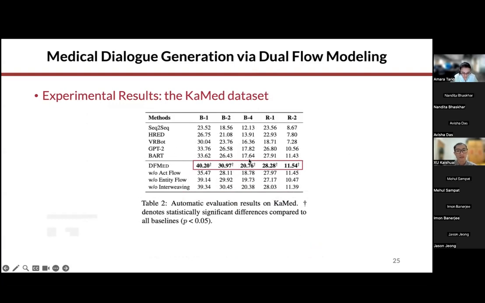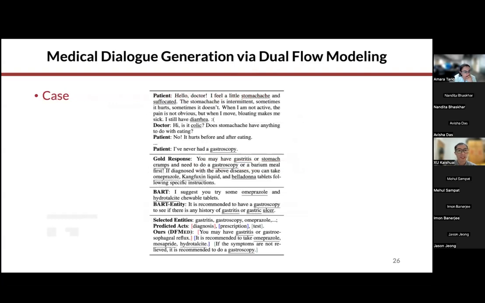Our model outperforms the baseline models a lot, since we are the first to incorporate dialogue actions into medical response generation. Dialogue action is a quite important indicator for communication that can help to format the response structure.